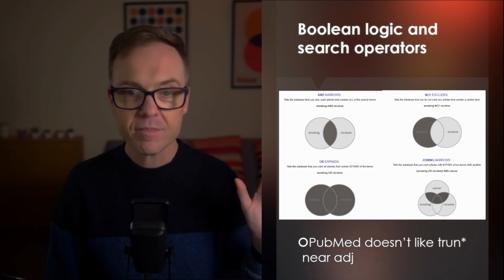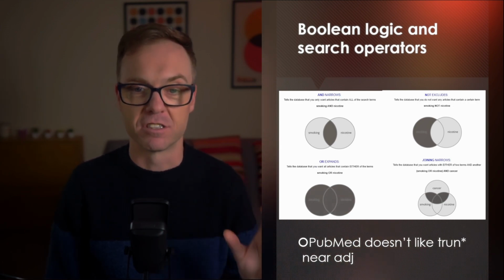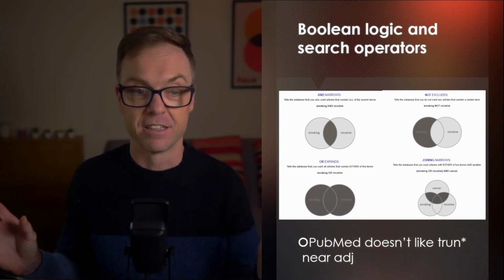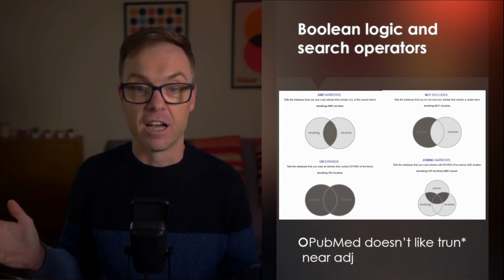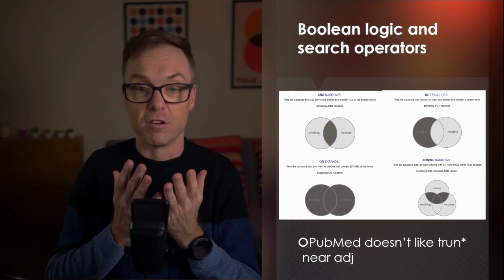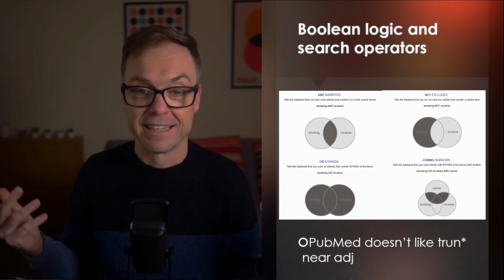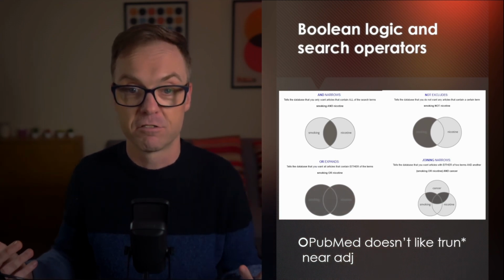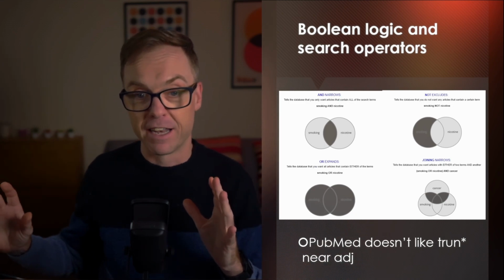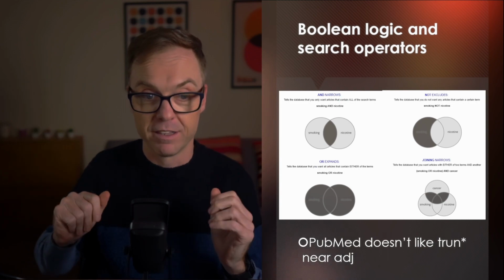So and narrows the search results because you need two things to be present. So it's necessarily a subset, as those search terms are going to overlap. And so and narrows our search results. Not excludes, so not gets rid of elements that we don't want an overlap with.